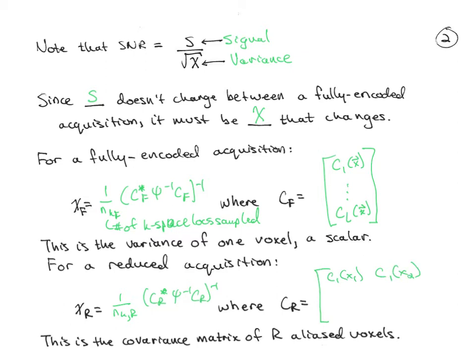So the column dimension indexes aliased spatial locations, and the row dimension indexes coils, as before. So this is the covariance matrix then of our aliased voxels.